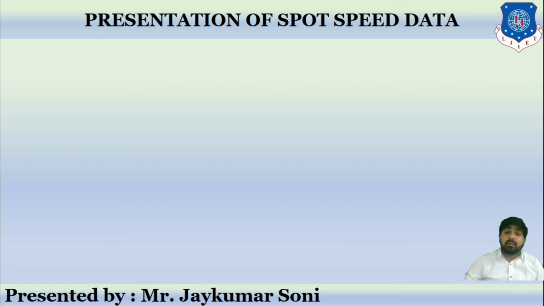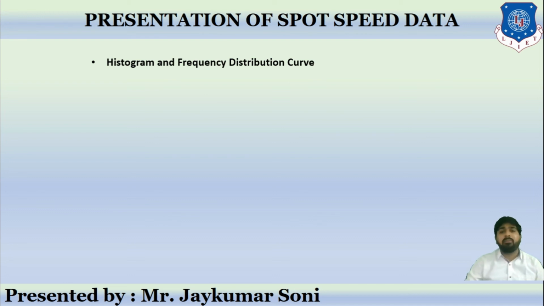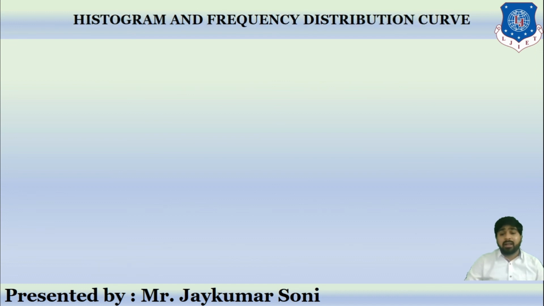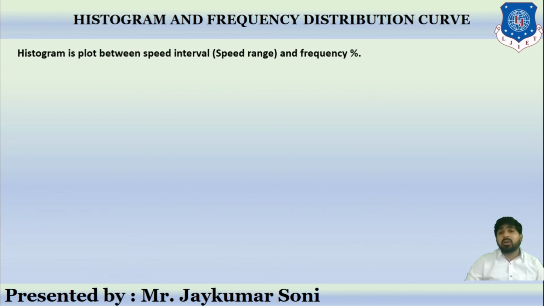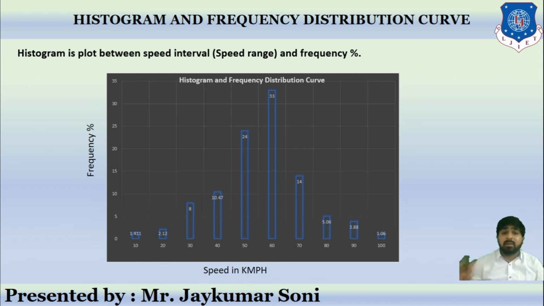Now, we have learned how to represent the volume data. Just like that, we can also represent the speed data. We can represent the speed data with the help of a histogram or a frequency distribution curve. As far as the histogram is concerned, the histogram is the graph plotted between percentage frequency and speed in kmph.